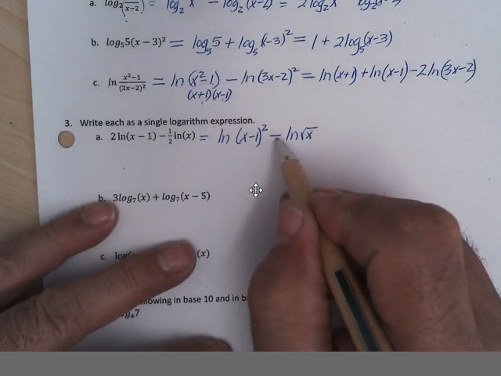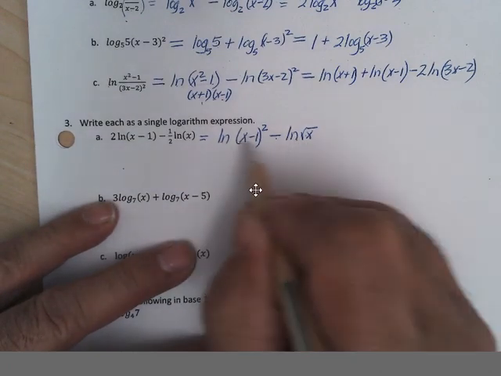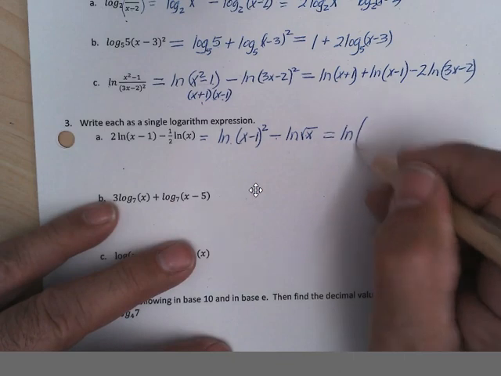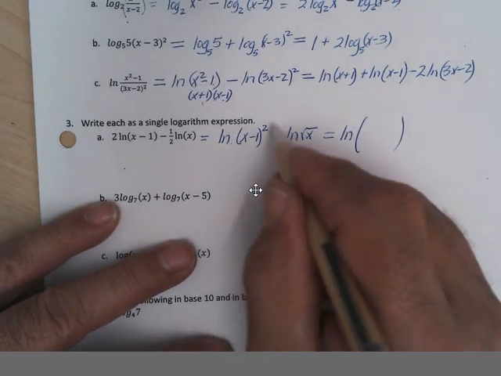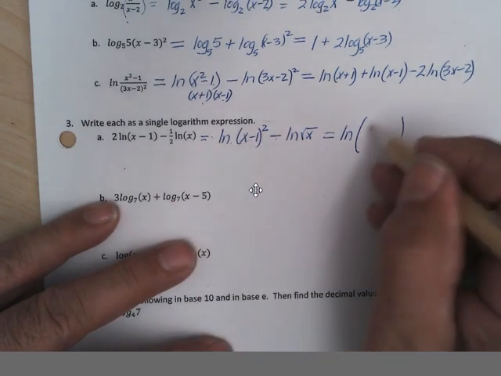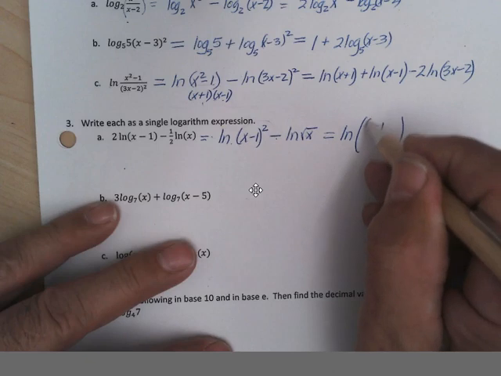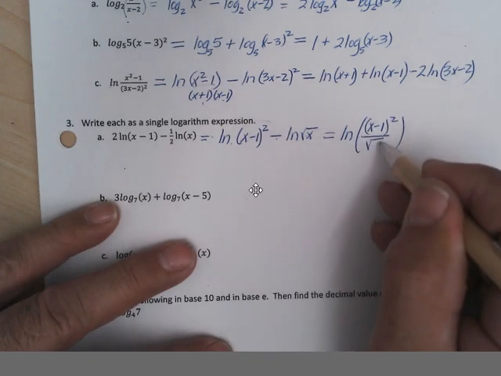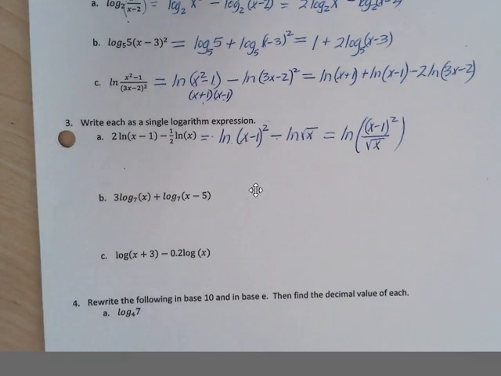And then when you subtract logs in the same base, you divide, you get the single log of a division, and it's going to be the positive one, which is x minus 1 squared over the minus 1, or x to the 1/2.